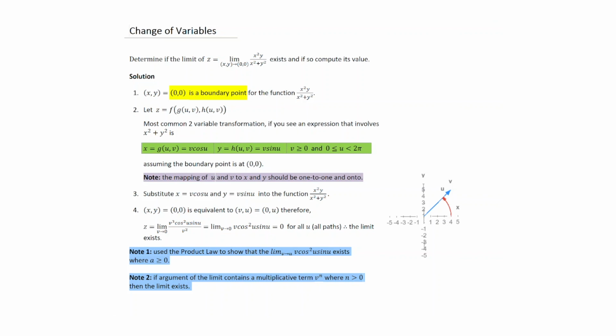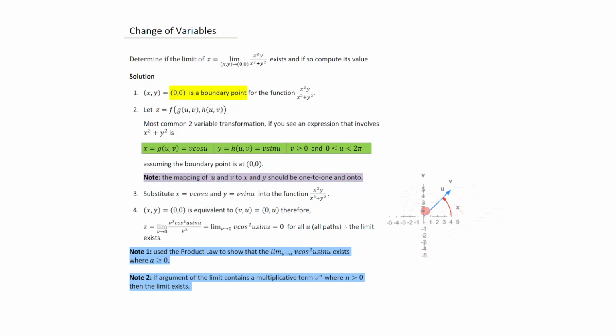So if you look at the picture on your right here, this direction is v, which is in a radial direction, and u is a circumferential direction, that is in a counterclockwise direction. So by fixing a particular value of u, we're sweeping out the value of v from 0 to infinity.